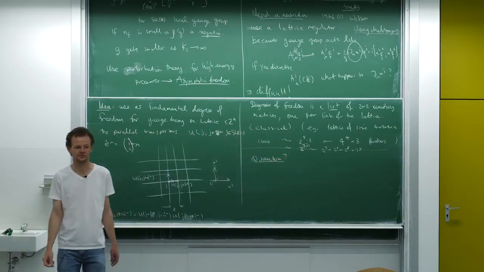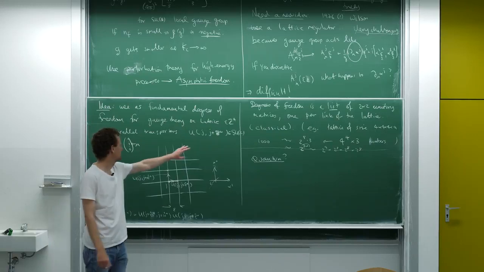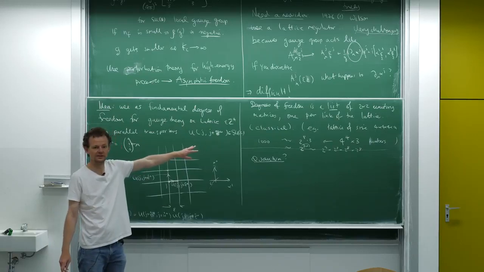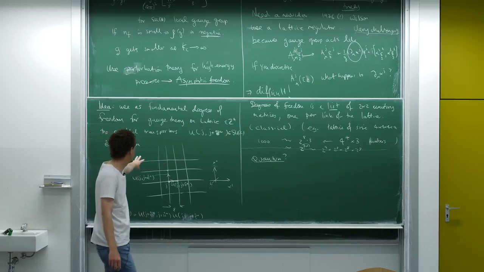How do we do quantum mechanics? So classical gauge theory we can do pretty well now, like relatively large lattices. But how do we do quantum mechanics?